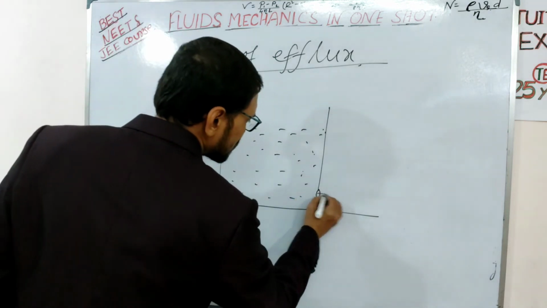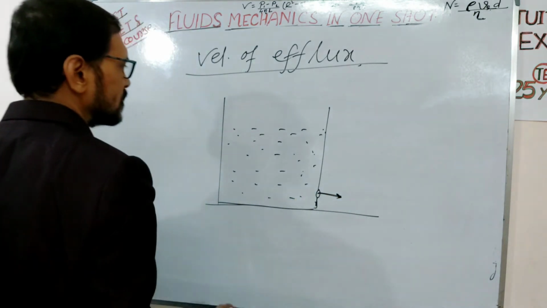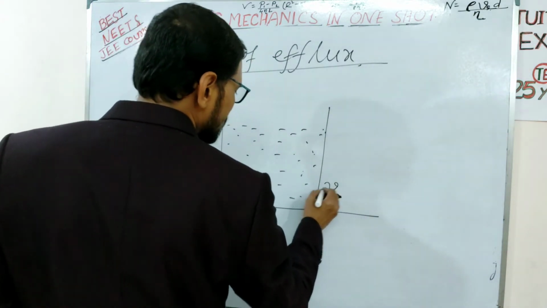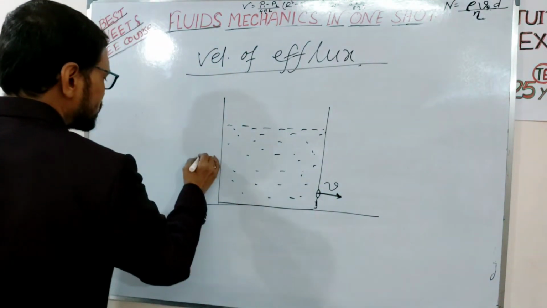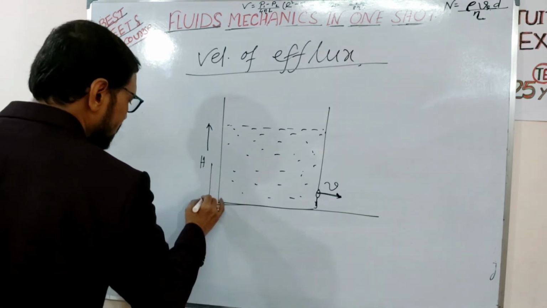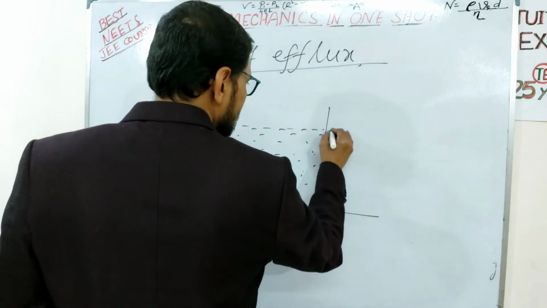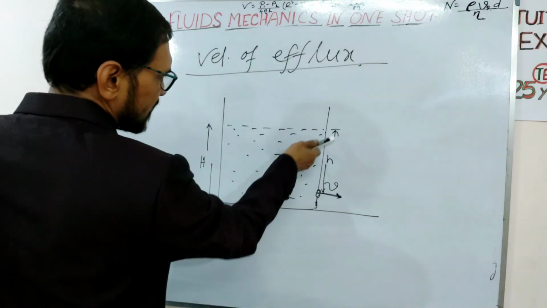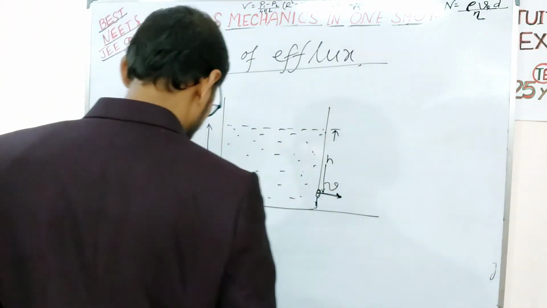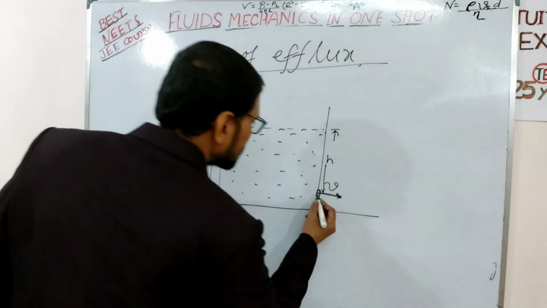Now the liquid emerges through the hole. So what is the velocity of the liquid through the hole? This is called velocity of efflux. Now how do we calculate it? If H is the height of the liquid and h is the depth, that is, at a depth h the hole is made, the liquid flows in this way.